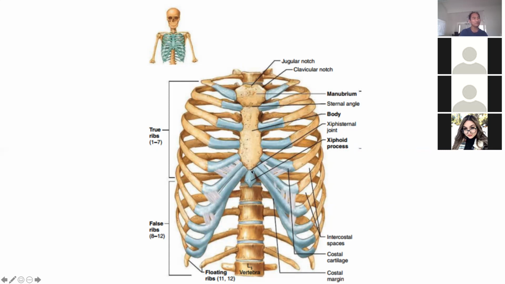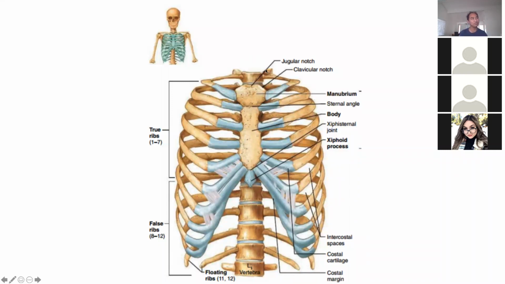Number 2, the body of the sternum, and number 3, the cartilage portion, which is called the xiphisternum or xiphoid process. The junction between the manubrium sternum and the body of the sternum is a little bit bent like that. If you look from the side, this bent area is called the angle of the sternum, also called the angle of Lewis.